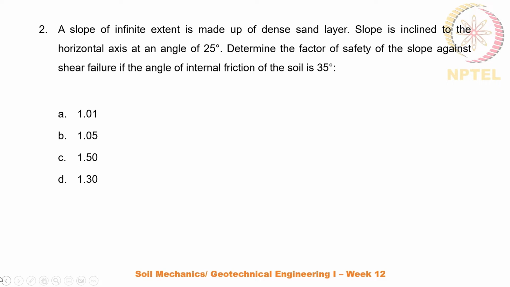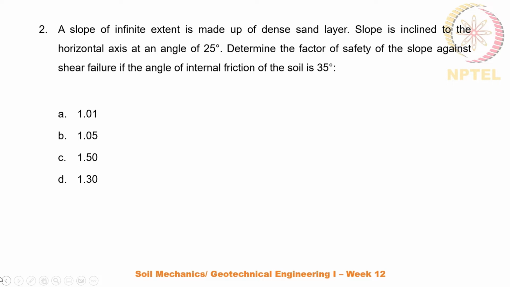It is sandy soil, so that is cohesionless soil. The inclination of the slope to the horizontal axis is given as 25 degrees, and the angle of internal friction is given as 35 degrees. We are asked to determine the factor of safety of the slope against shear failure.